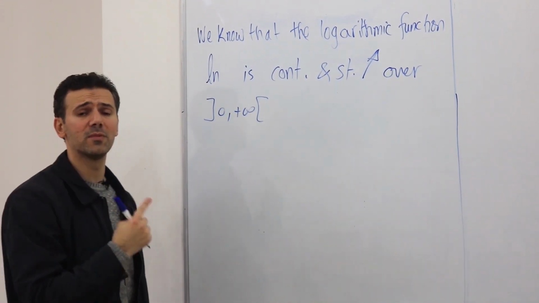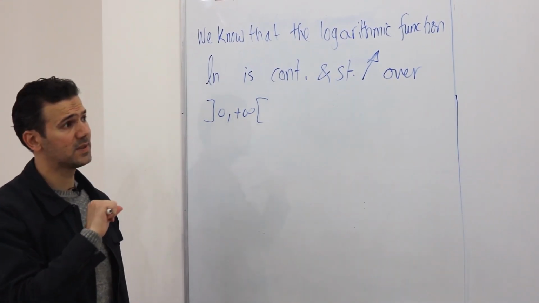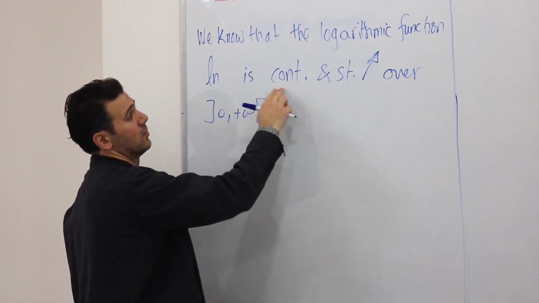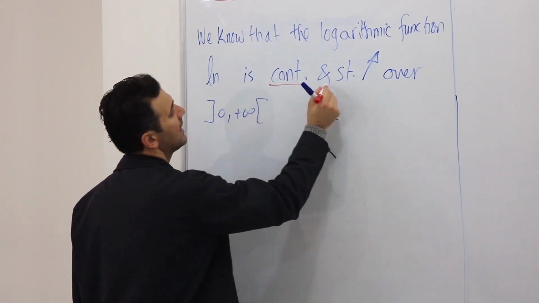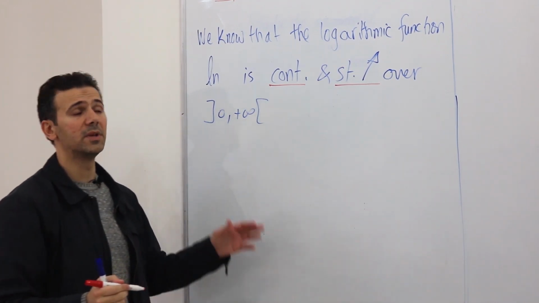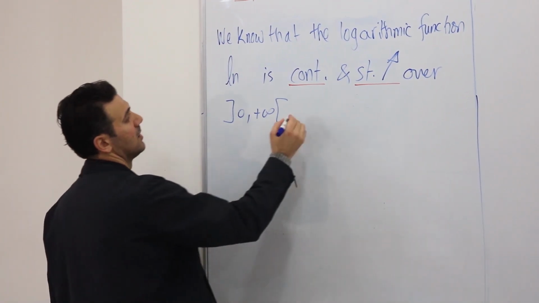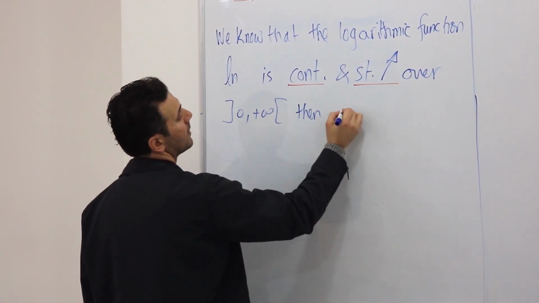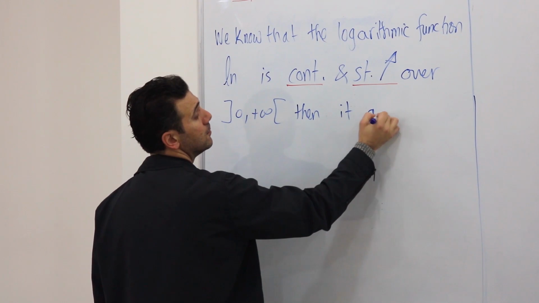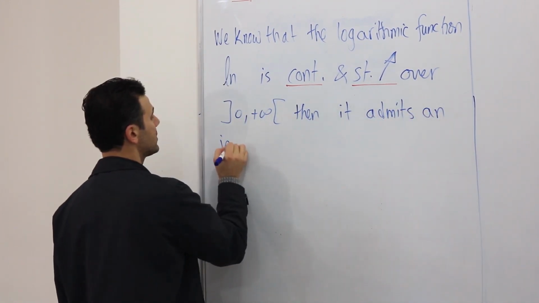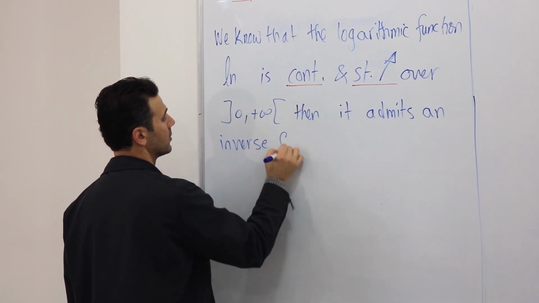Thus, what can you deduce from this? As we have said previously, that then this function, which is continuous and strictly increasing, it will admit an inverse function. Then it admits an inverse function.